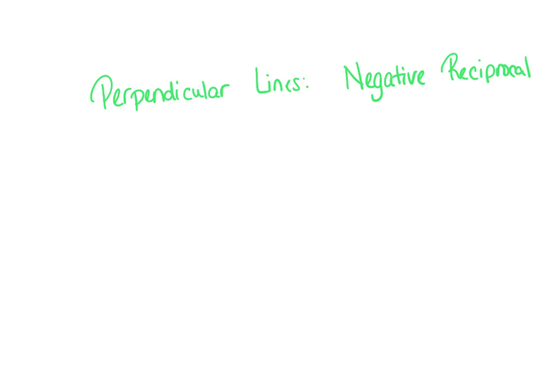Negative reciprocal, okay? So when you are given a line, y equals mx plus b, and you're given a point, and we'll just say x1, y1, and they want it perpendicular to this line, we have to take this slope, right, and we have to flip it, all right?